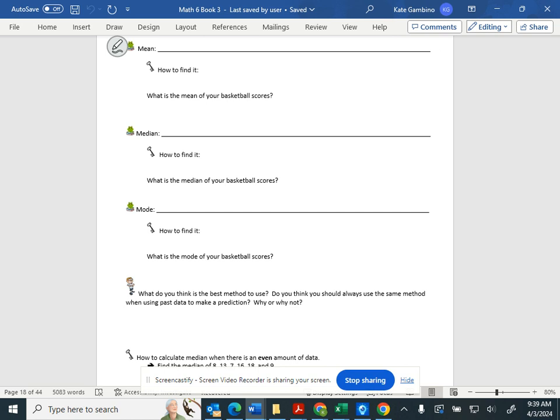The actual definition of the mean is the average of a data set. So when we find the mean of all of those numbers, it is the average.